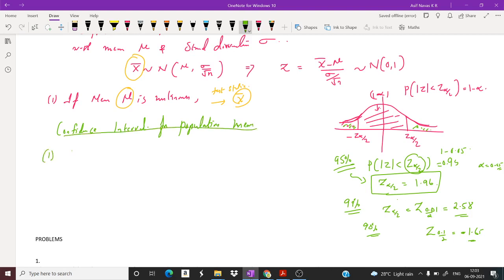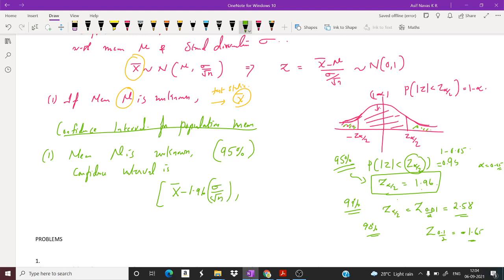The first case is if the mean mu is unknown, then the 95 percentage confidence interval is x bar, that is given, minus 1.96 sigma by root n, and x bar plus 1.96 sigma by root n.